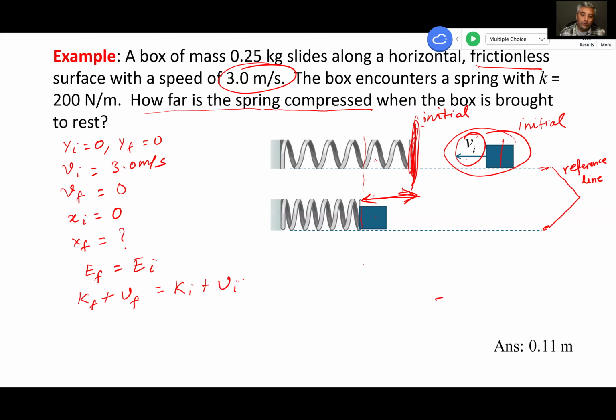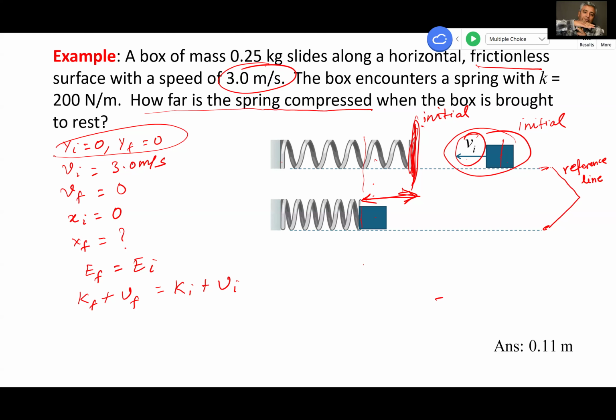But now there are two possible potential energies. And since y is zero, if you decide not to write the gravitational potential energy, you are fine. But sometimes this height may also be changing. For example, let's say the spring was vertical and something drops on the spring and pushes it.